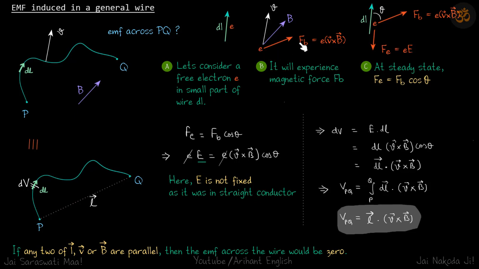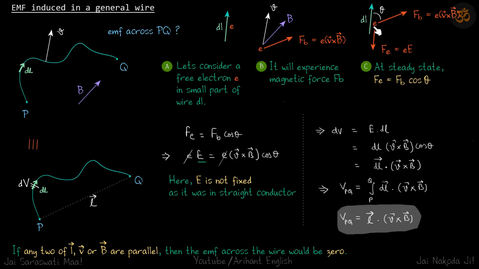This electron will experience the force due to the magnetic field, e into V cross B. Now the actual direction will be different, not in the plane, but this is just for your understanding. So let's say we get a force Fb which is e into V cross B on this electron. Now at steady state there will be some electric field inside the wire.